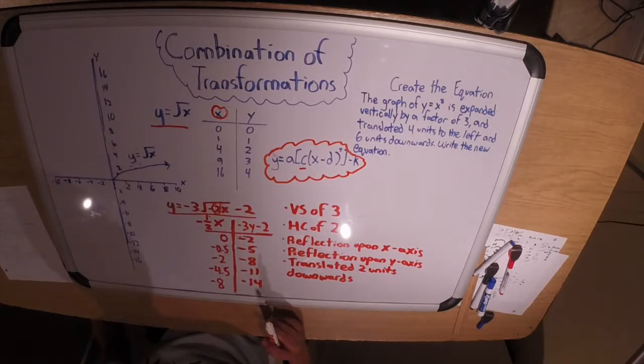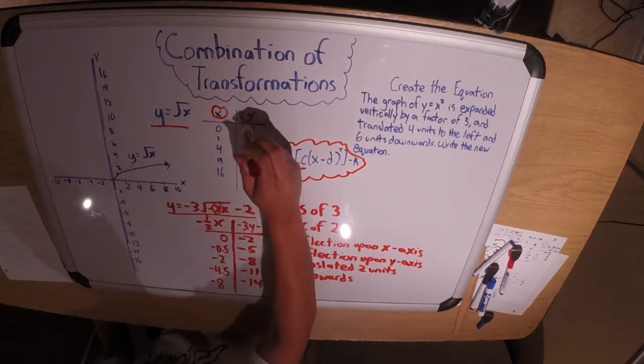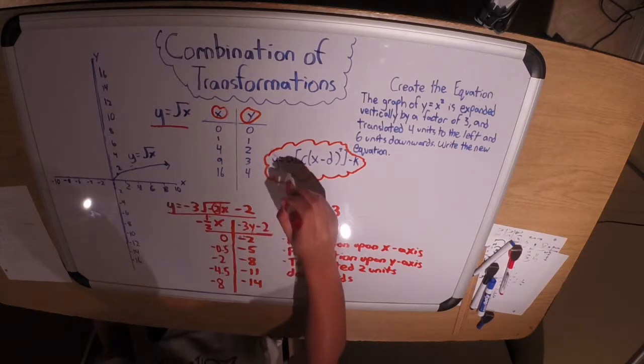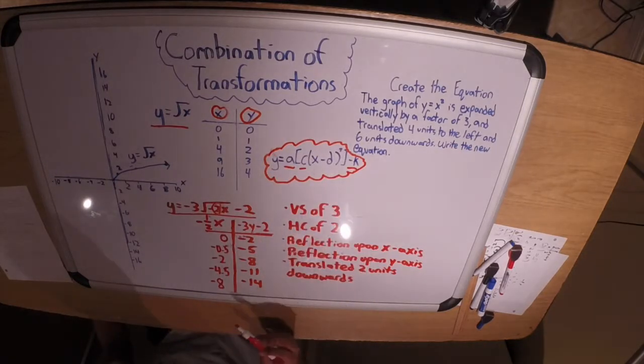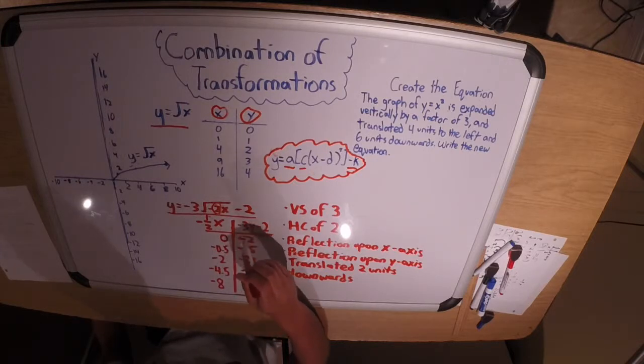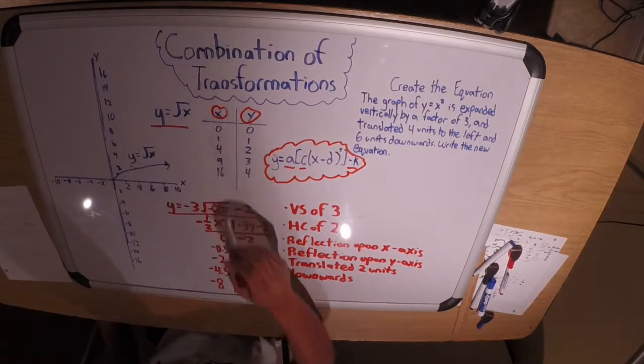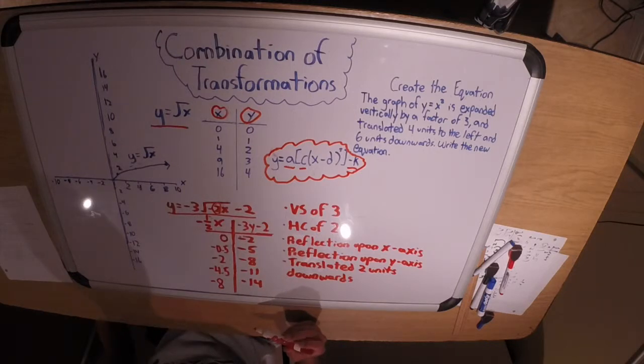Next, we have to see what affects the y value. As we know, the a value and the k value are what affect the y values. So on the right side of the table, it would be negative 3y minus 2. Now we just plug in the original values of the x and y values to get our new transformed graph.